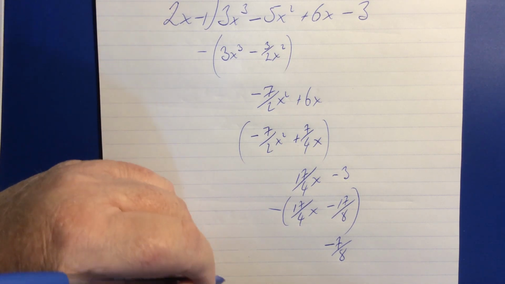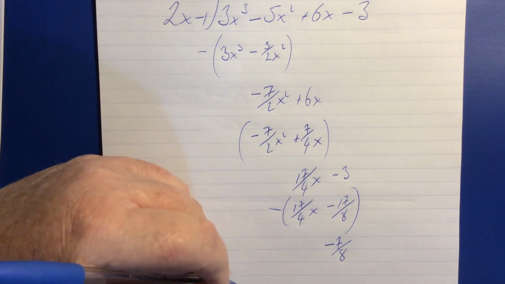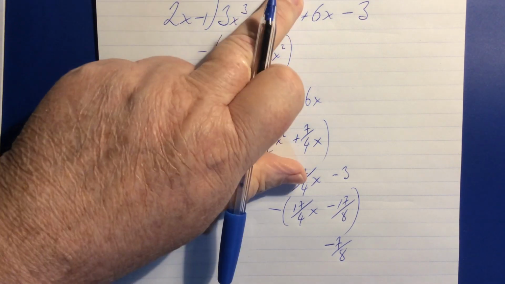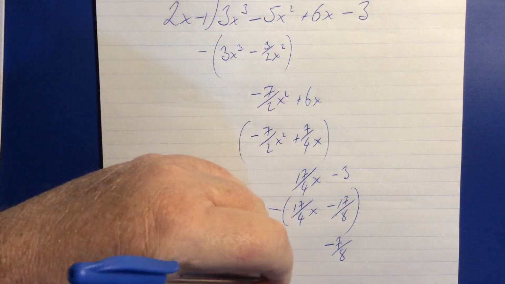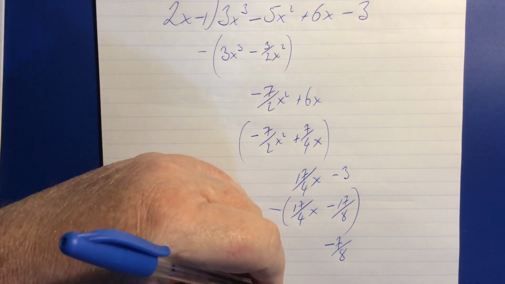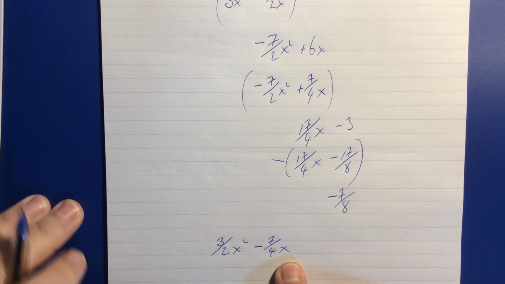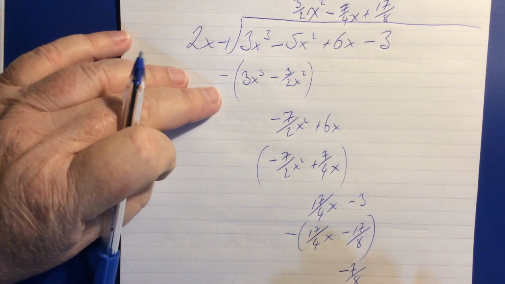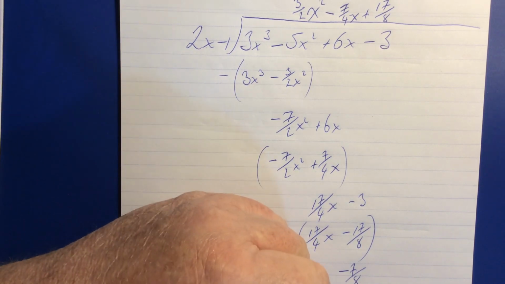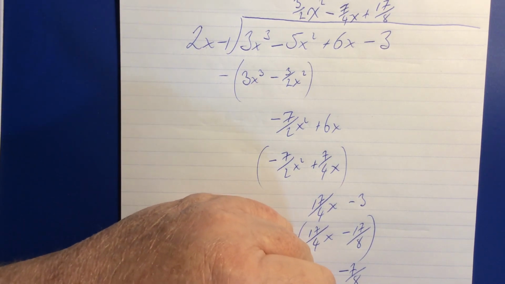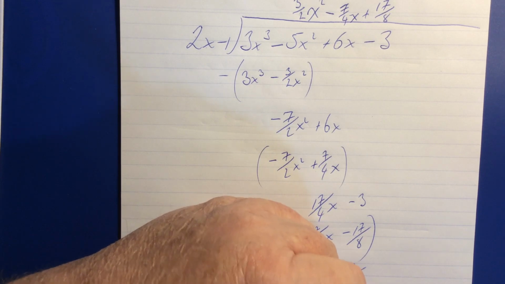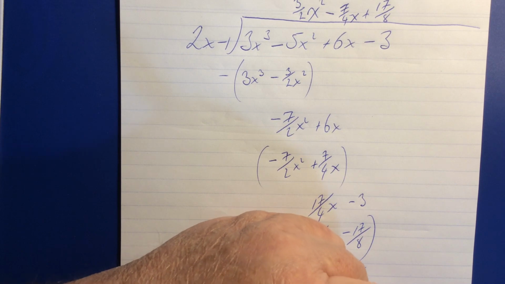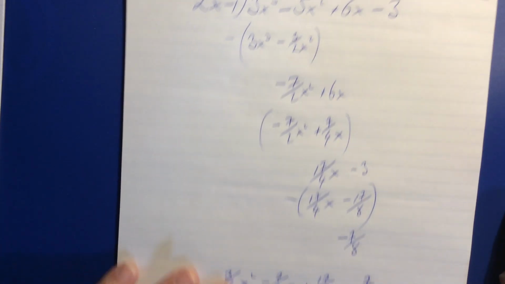So what does that leave me with? Well, it tells me that the answer to my question is 3 on 2x squared minus 7 on 4x, which I'm just writing in here, but I'll reference the original up here, plus 17 on 8 minus 7 on 8 divided by 2x minus 1.